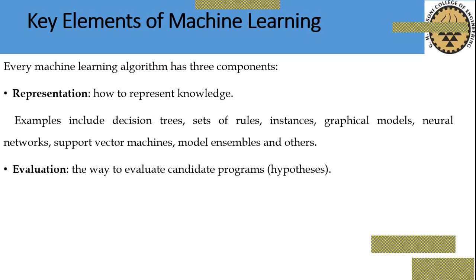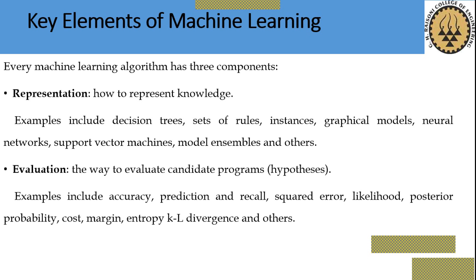The second key element of a machine learning algorithm is evaluation, the way to evaluate the candidate program. On which basis you evaluate the machine learning algorithm is an important point. So evaluation plays a key role.